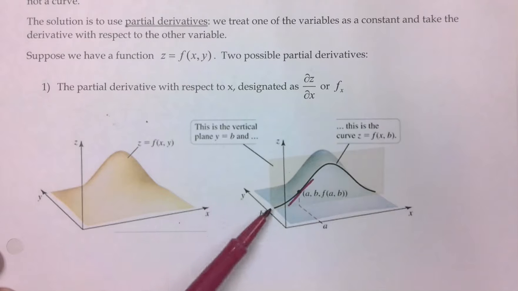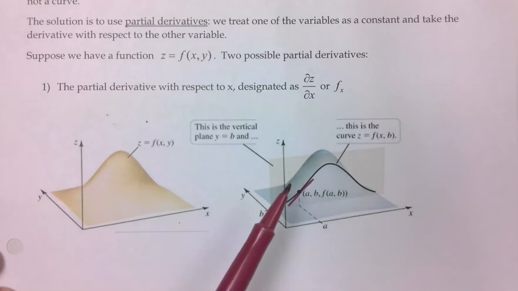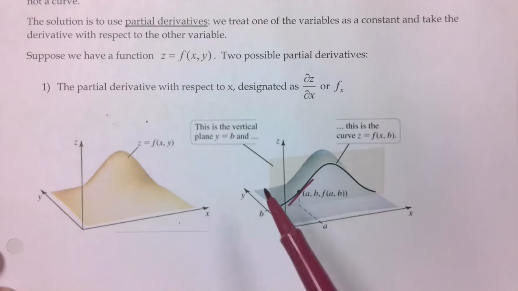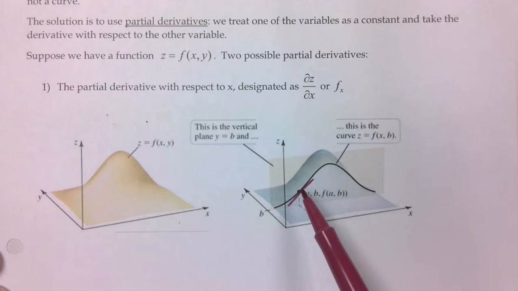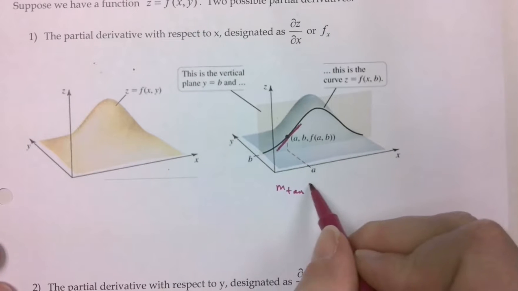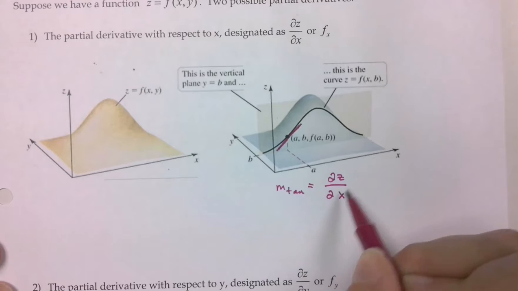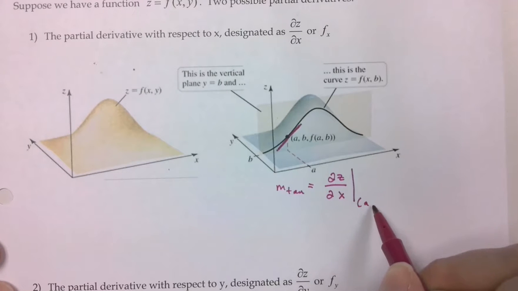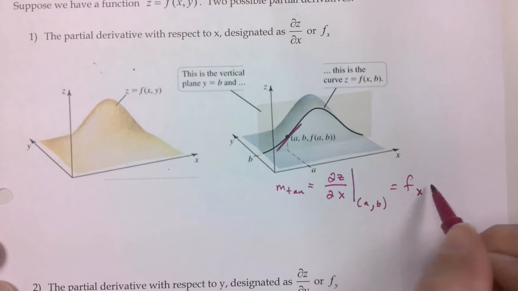So you fix your y value. You imagine your y value is fixed. So you're cutting across your surface with a plane. And when you hack into that surface with that plane, if you fix your y, then you're going to have this curve. And the partial derivative would be the slope of that curve. So the slope of the tangent to that curve would be delta z over delta x at the point A, B. In other words, it's f subscript x.